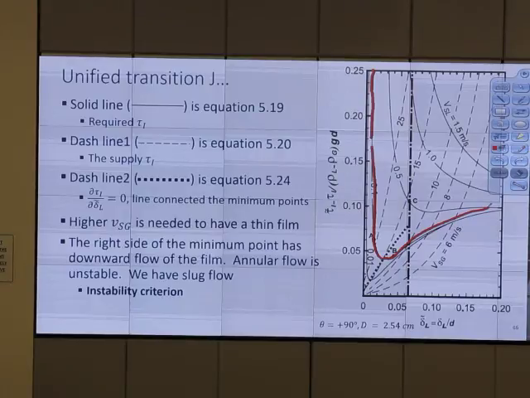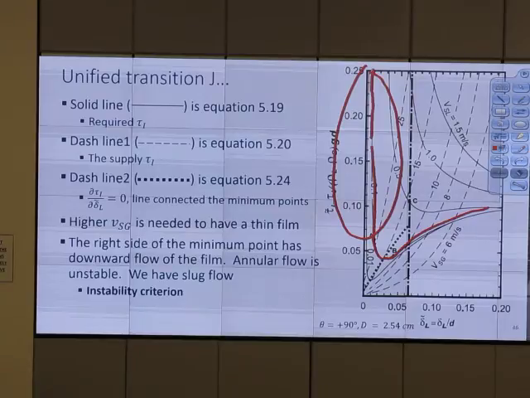Let's take a look at the left side of the minimum point. If I want annular flow and a thinner and thinner film, I need more tau I or more gas flow. If I flow gas a lot, based on the combined momentum equation, the film becomes thinner and thinner. Does that make sense? I think so.